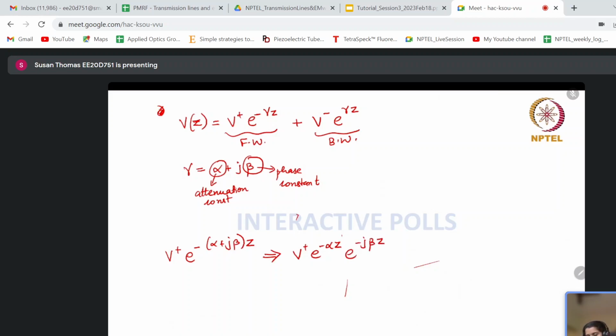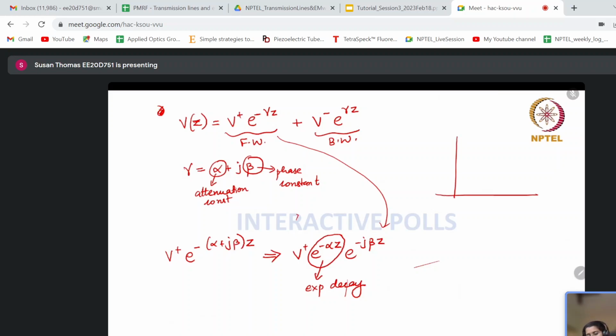If you look at this equation, this is a term which indicates there is an exponential decay for a wave traveling in the plus z direction, in this case a forward wave. So there is an exponential decay for a wave traveling in the positive z direction.